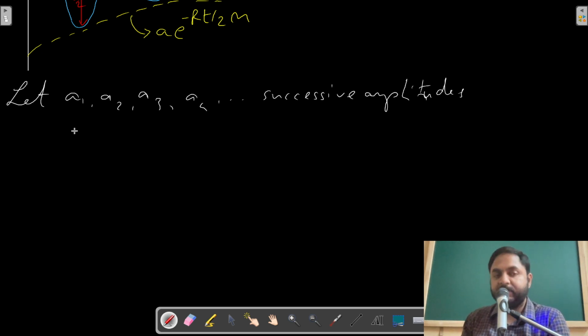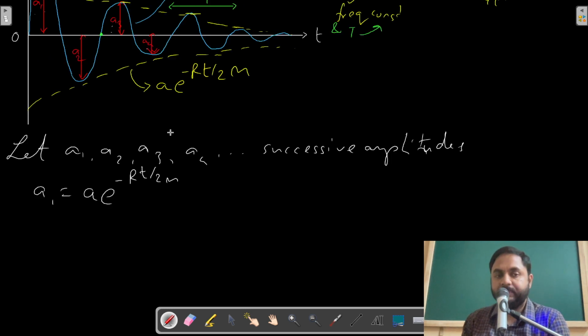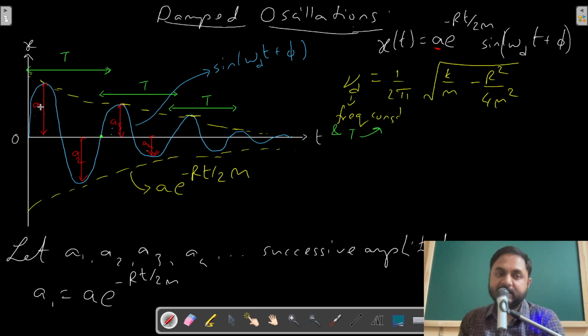Let us write the amplitudes one by one. The first amplitude is A1 equal to some constant A multiplied by e raised to minus Rt by 2m. Going back to this diagram, this amplitude will be A into e raised to minus Rt by 2m.